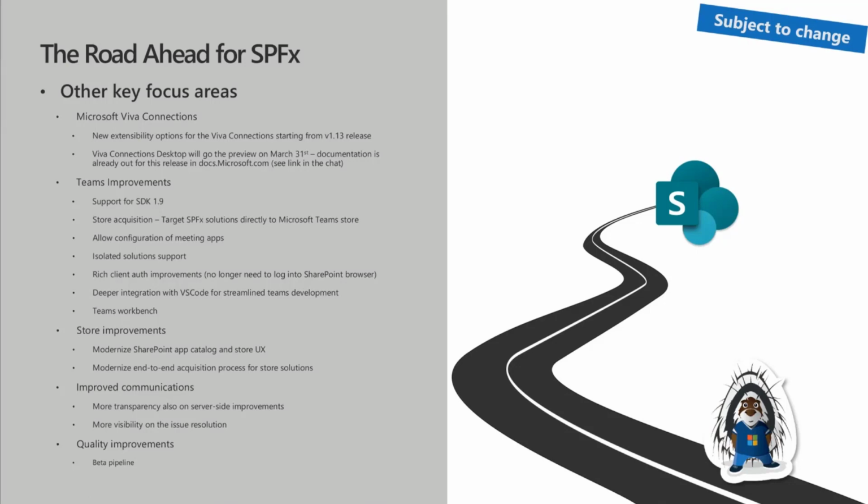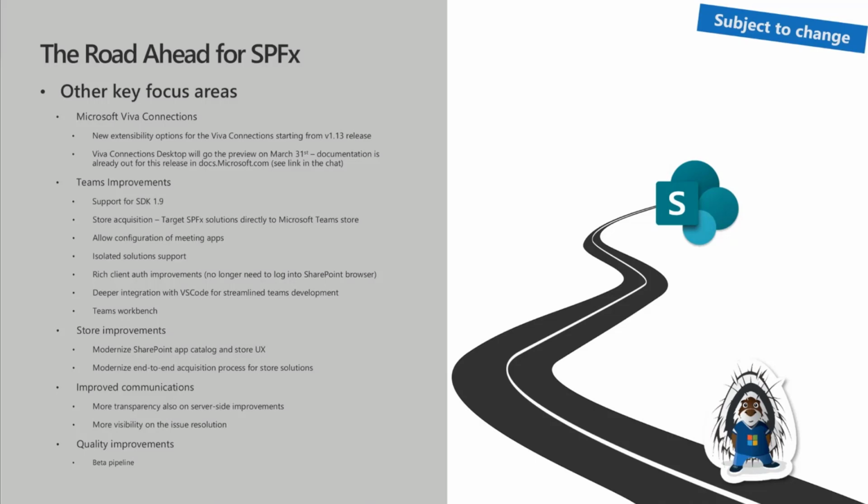One of the biggest quality of life things will be this next bullet with the rich client auth improvements. We could talk for an hour about that, so we don't have time. Today you have to log into SharePoint via a browser to get a cookie dropped so that the rich client works. That will just work natively.